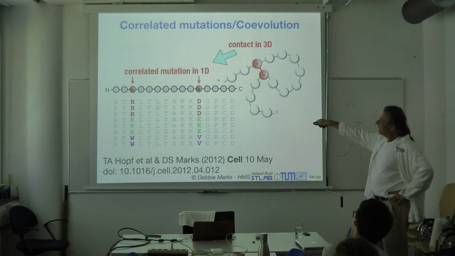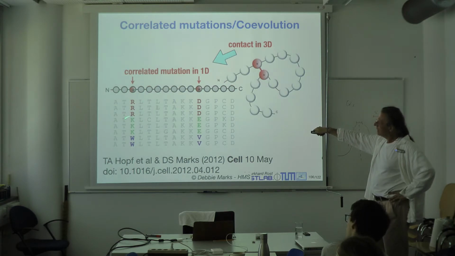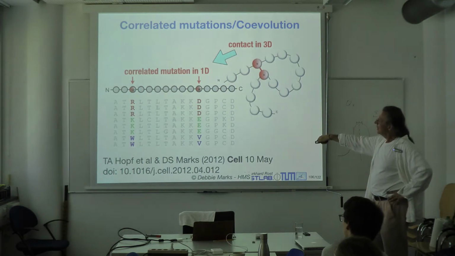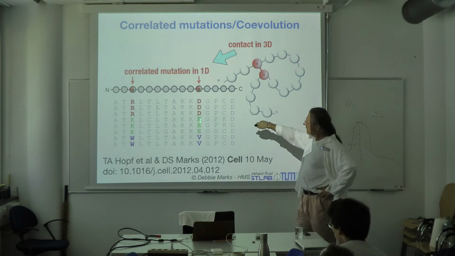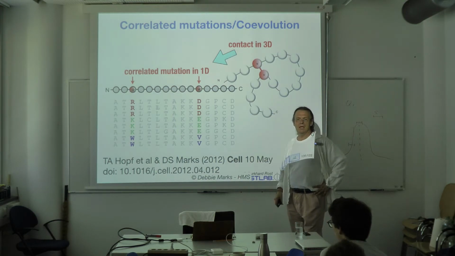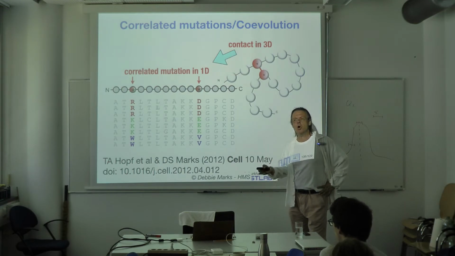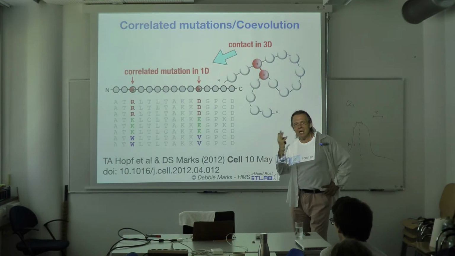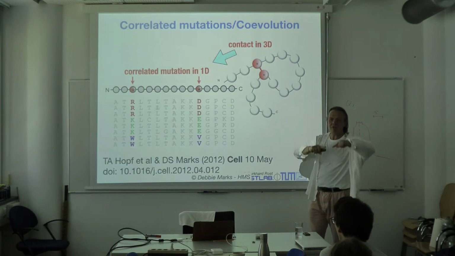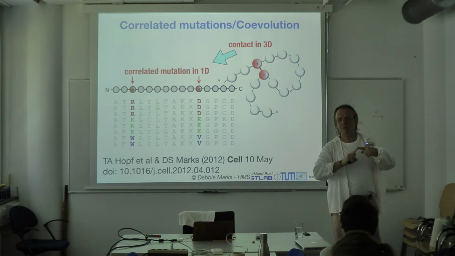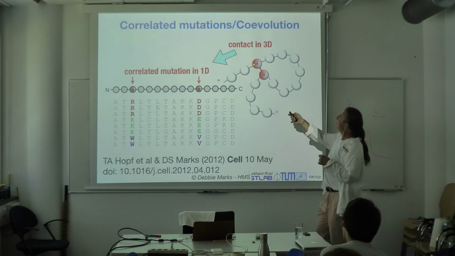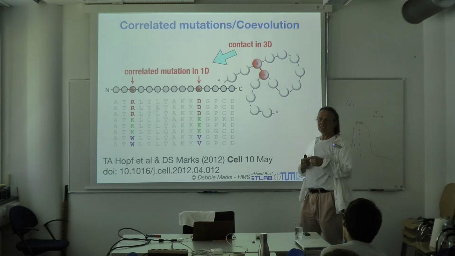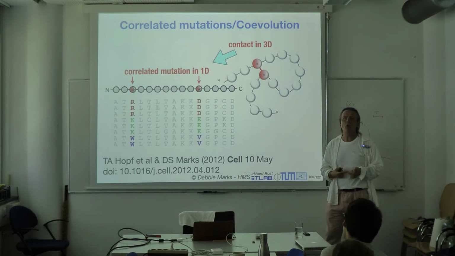At a particular position I, you have 3 organisms that have an R, then 3 others that have a K, and 2 that have a W. You see that the same 3 organisms have here a D, here an E, and here a V. That induces the idea that you have some correlated event. The way I visualize this, I and J are coupled in the sense that they're close to each other in 3D, and this bond is the thing that is evolutionarily constrained.